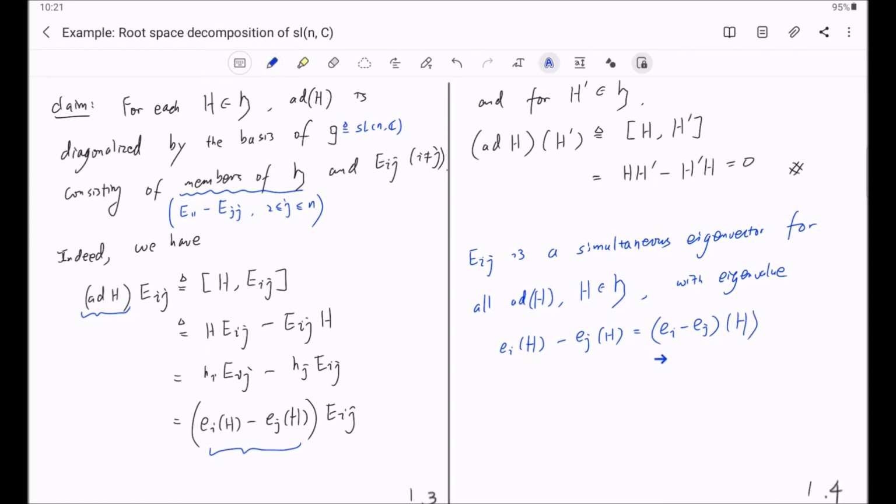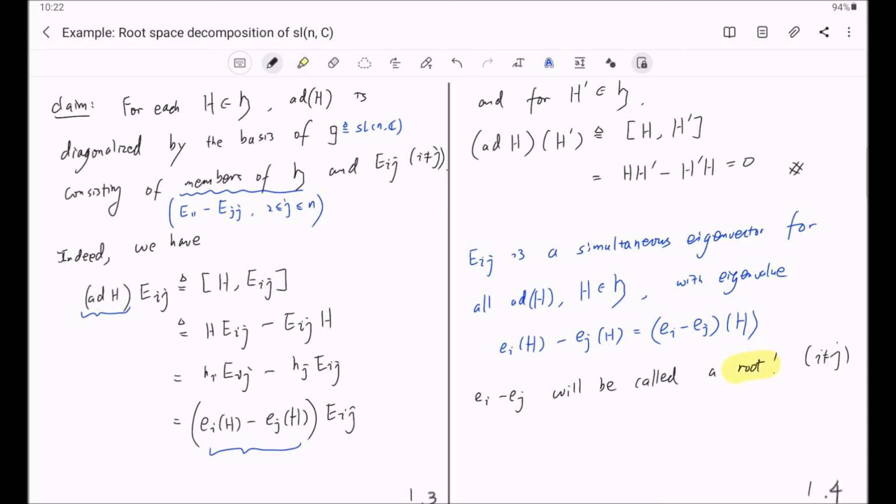Now you can see the special role that e_i minus e_j is playing here as a linear functional on h. And later on we will call e_i minus e_j a root for i not equal to j.